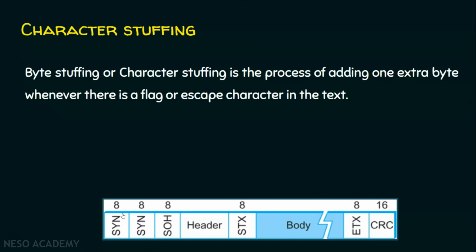So whenever the synchronous character repeats twice in the body, or the start of the text or the end of the text appears in the body, we are going to stuff one extra byte. Adding this one extra byte is done by using this DLE, that is data link escape. So character stuffing is done using data link escape in the BISYNC protocol.